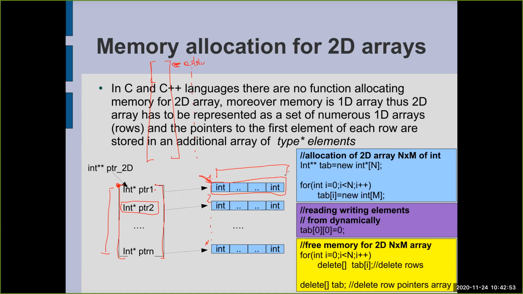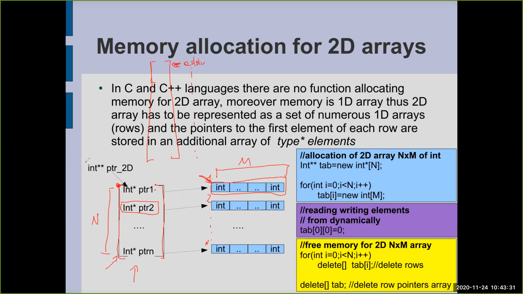Here I have m elements, so every row consists of m elements, and here I have n addresses because I have n rows. So the question is, what is the type of the pointer which lets me store the address of this array? Look, because the element is an integer pointer, I need a pointer to this element.